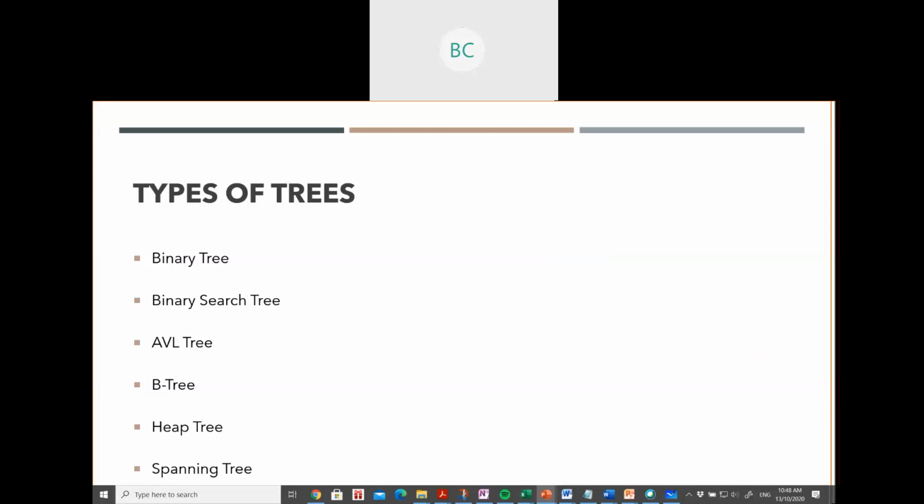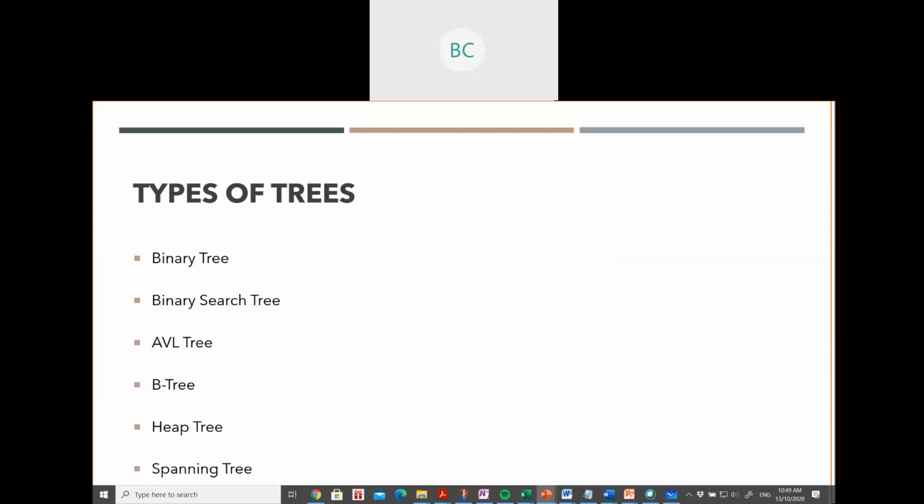Why do we need the tree data structure? Think about it. Any guesses? Student: In a tree it is easier, we can keep the data step by step.